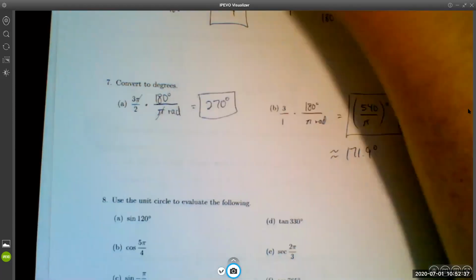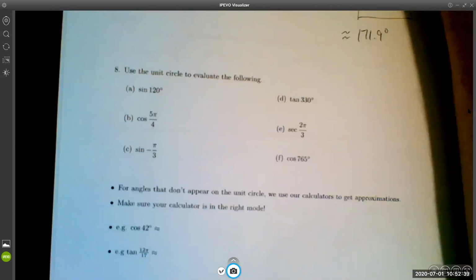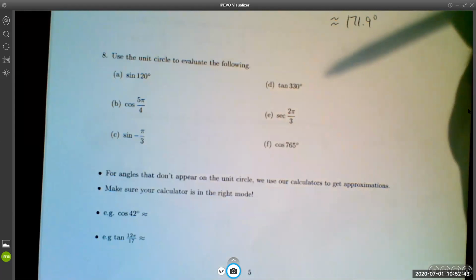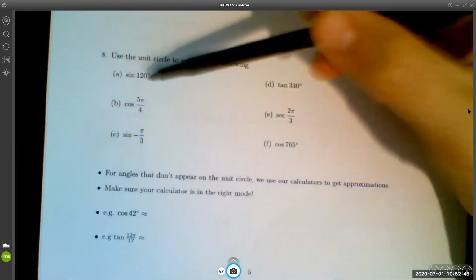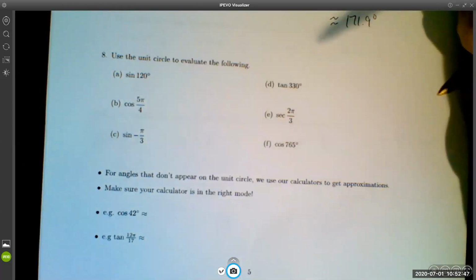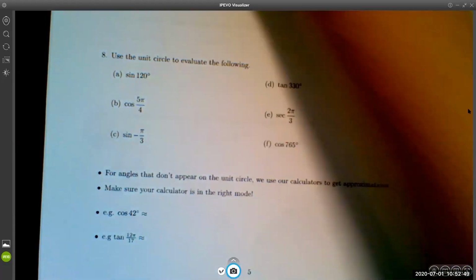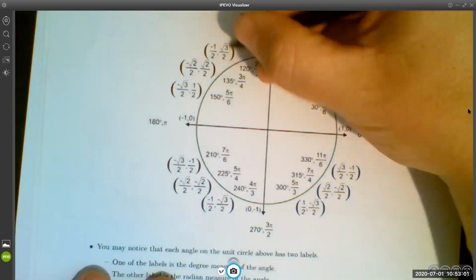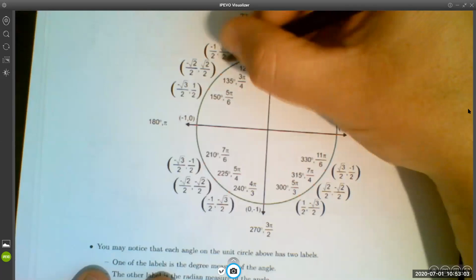And now let's practice using the unit circle to evaluate trig function values. So sine 120 degrees, for example, you would find 120 degrees on the unit circle. Remember that sine is the y coordinate of the point that corresponds to that angle. So in this case, √3 over 2.